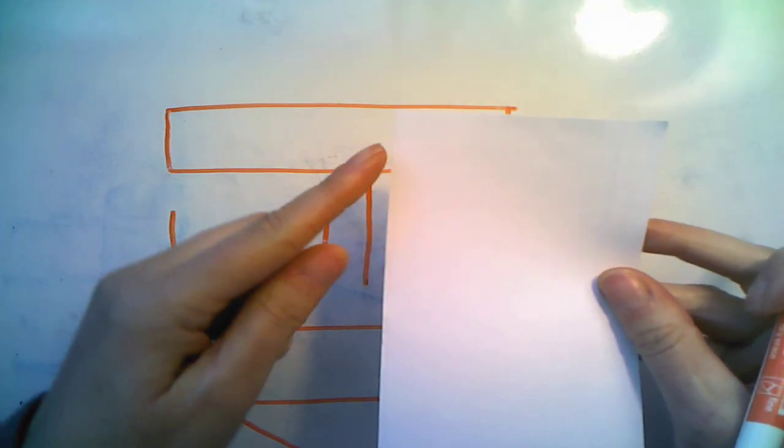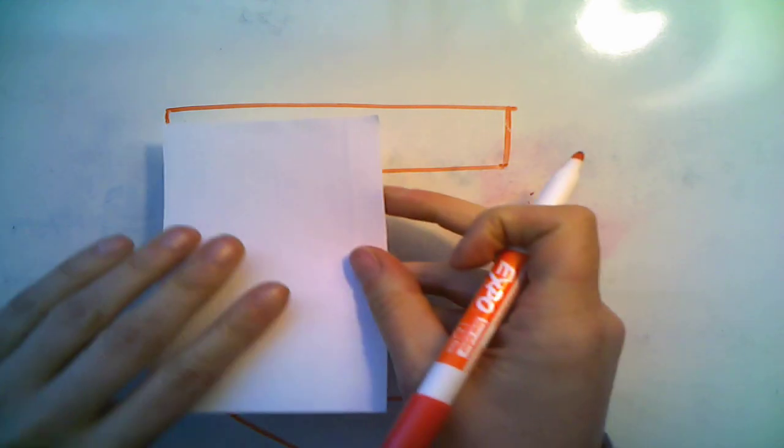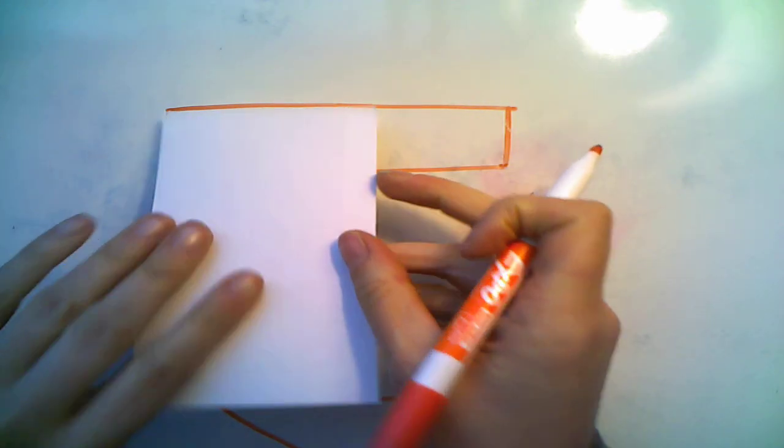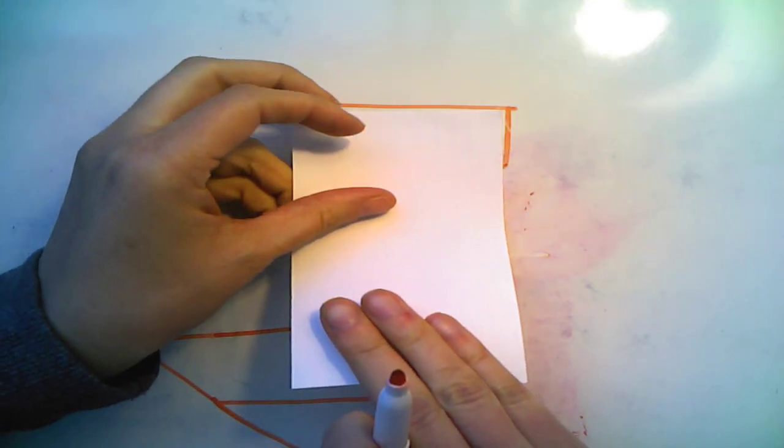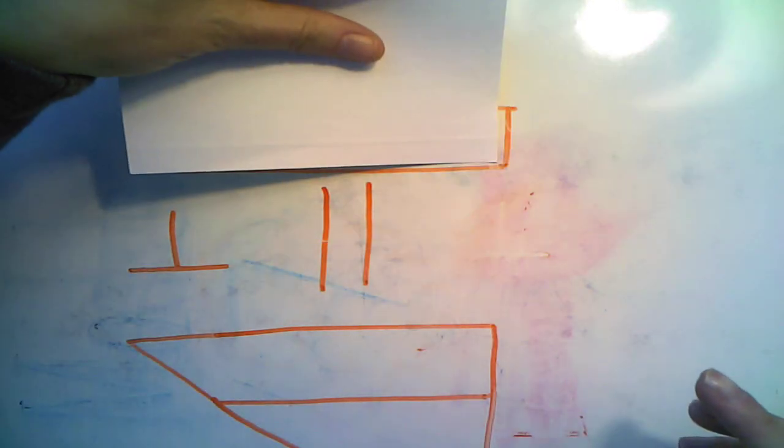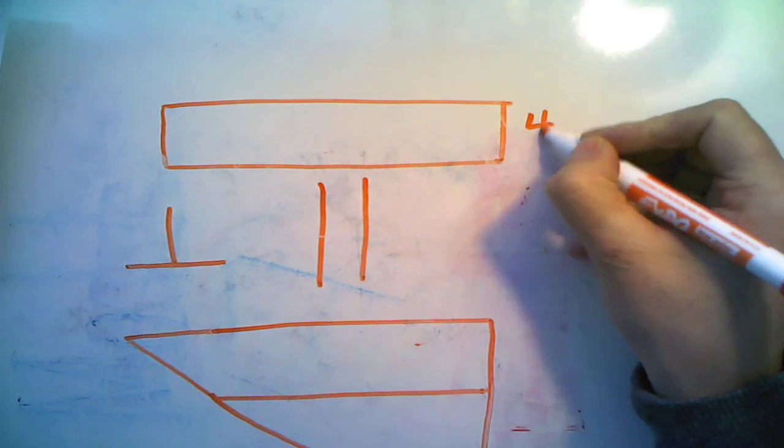If you can fit the corner of a piece of paper into a corner, then it is a right angle. So this polygon right here, a quadrilateral because it has 4 sides, has 4 right angles.